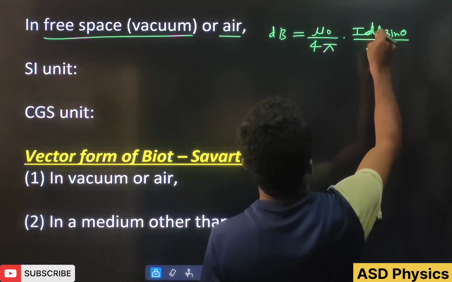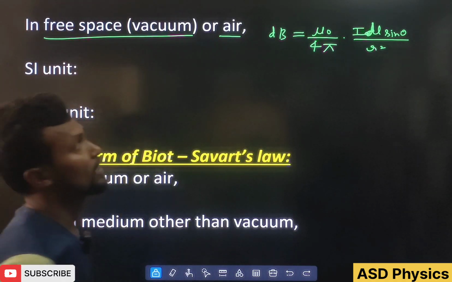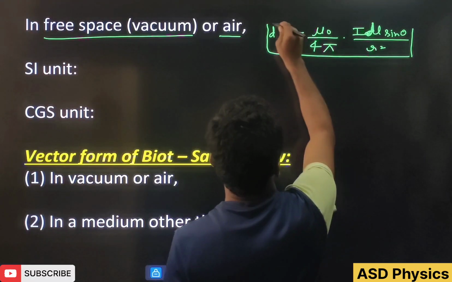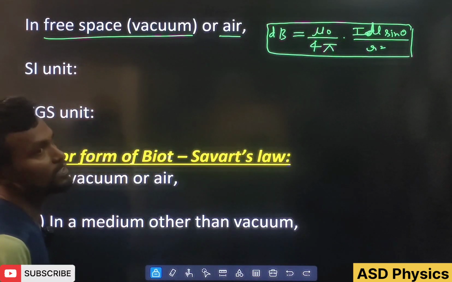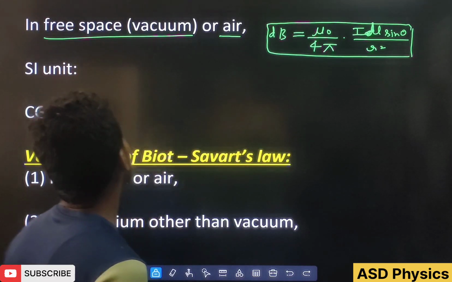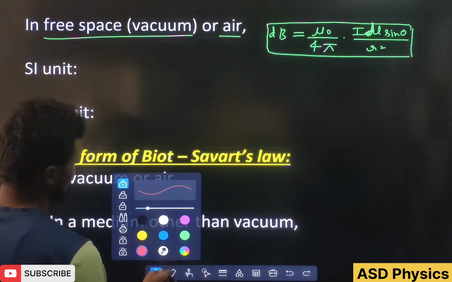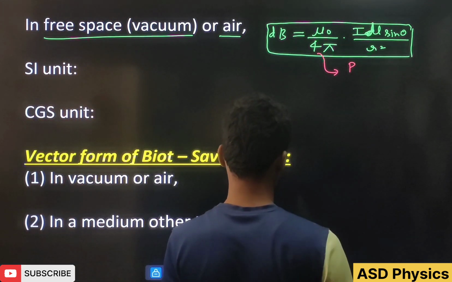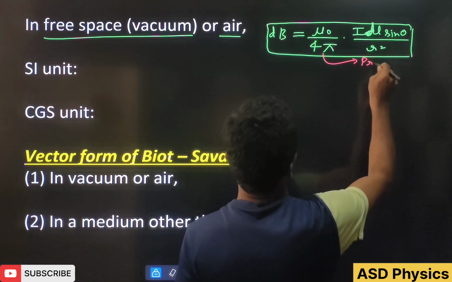This mu naught is called the permeability of free space or permeability of the vacuum. Similarly, if we talk about the SI unit here, what is mu naught by 4 pi? Again, I am telling that this is the proportionality constant.